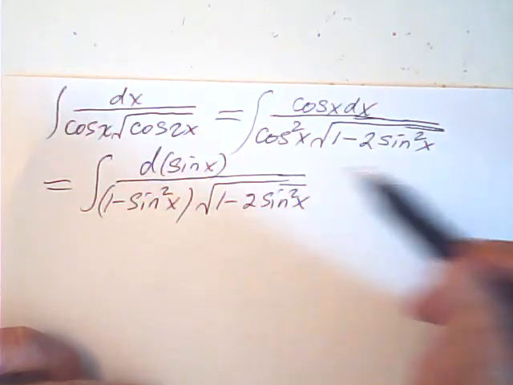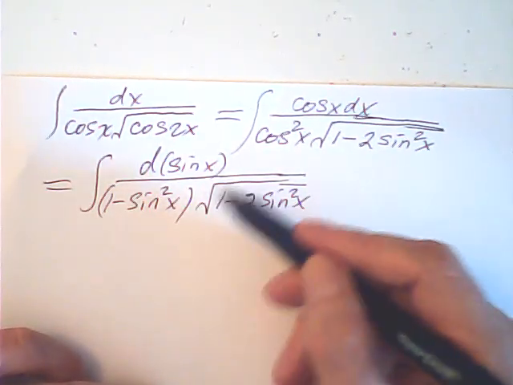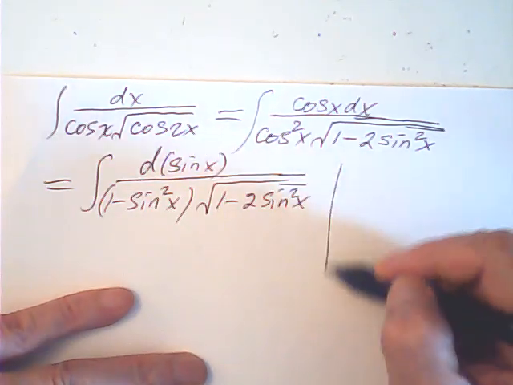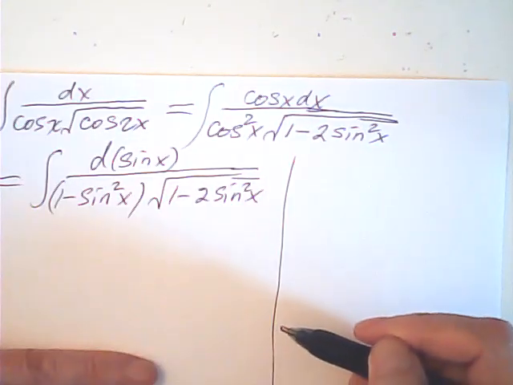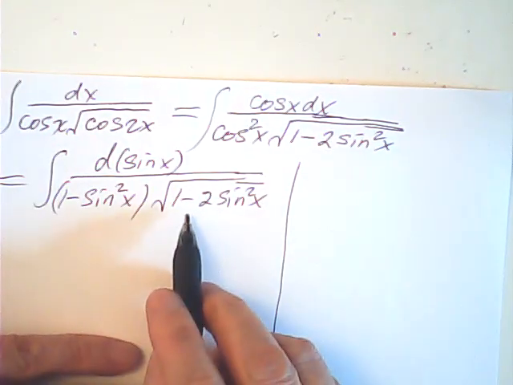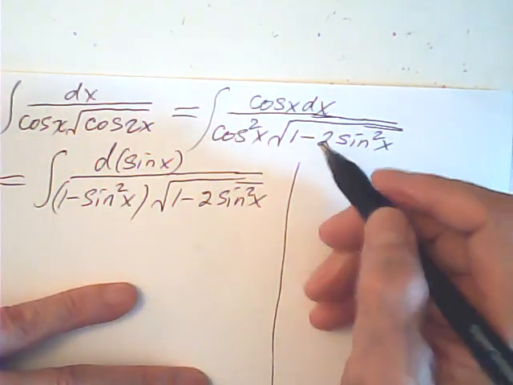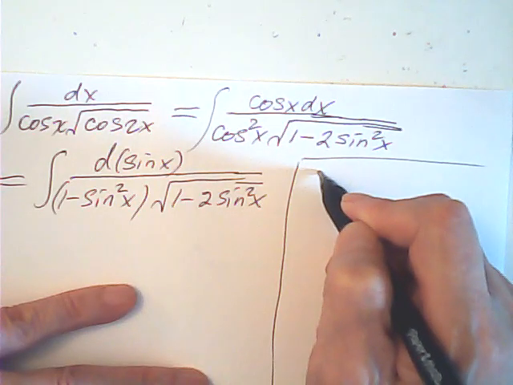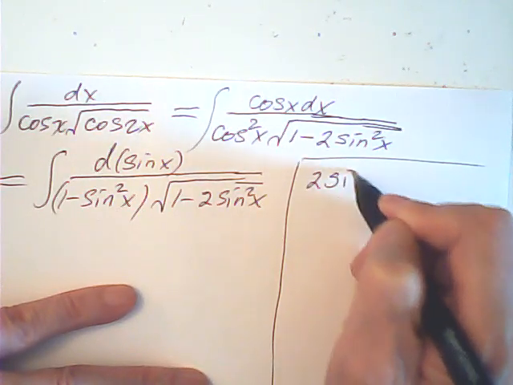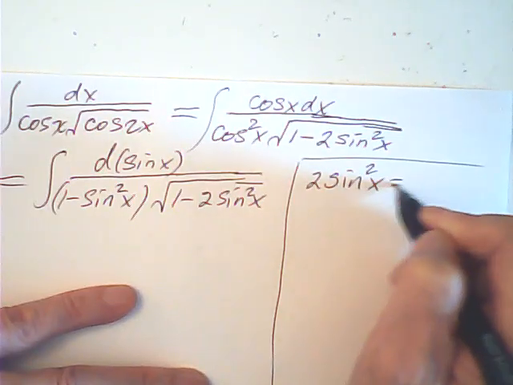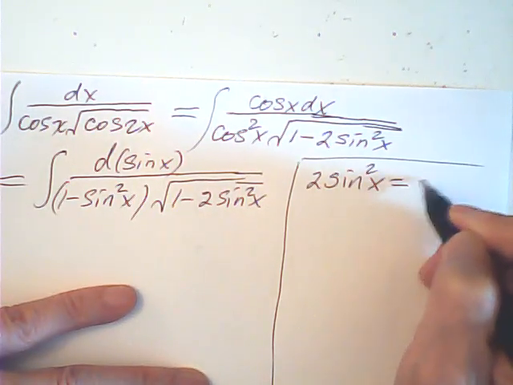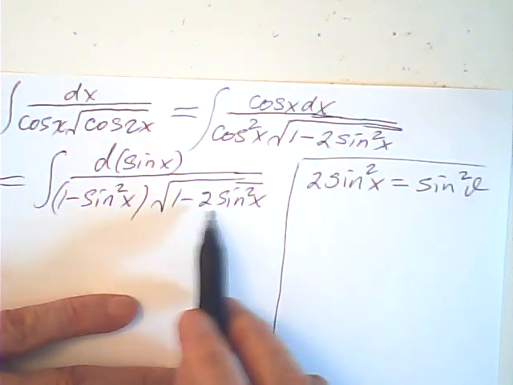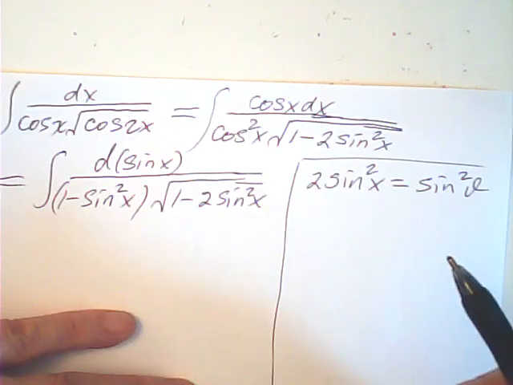Here, instead of using the substitution U method, let me try the other way. Try use something else. I want to get rid of a square root, so I let 2 sine squared x be sine squared theta. So I can get rid of square root, right?